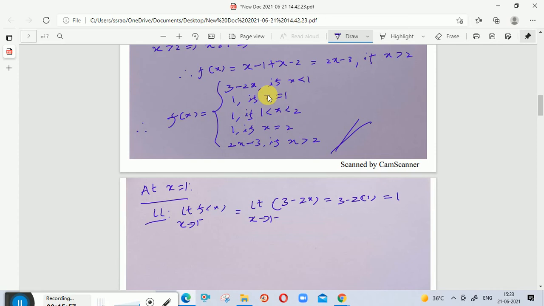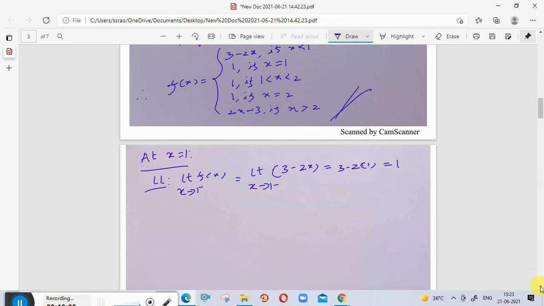Okay. Now write limit x tends to 1 plus f of x is equal to limit x tends to 1 plus. x tends to 1 plus అంటే అర్థం ఏమి x greater than 1 అని అర్థం, x greater than 1 అయినప్పుడు f of x is equal to 1.